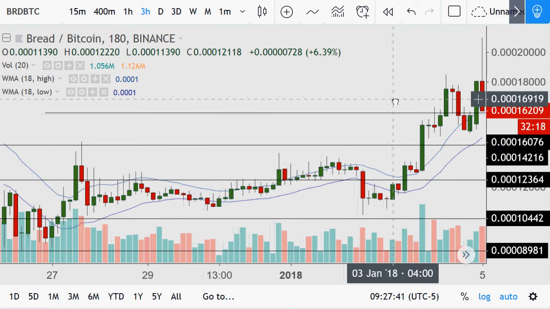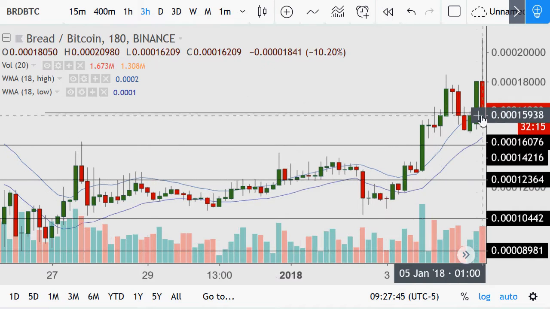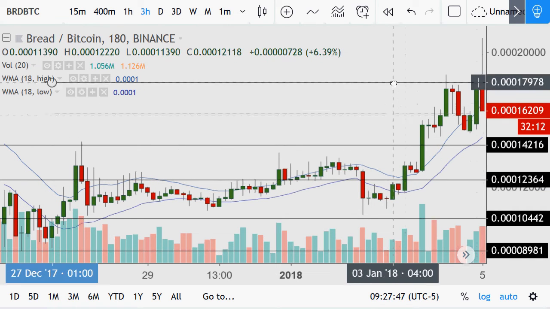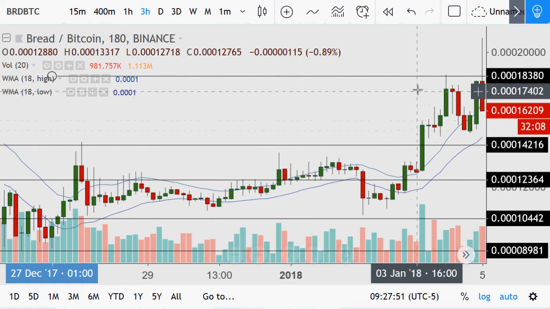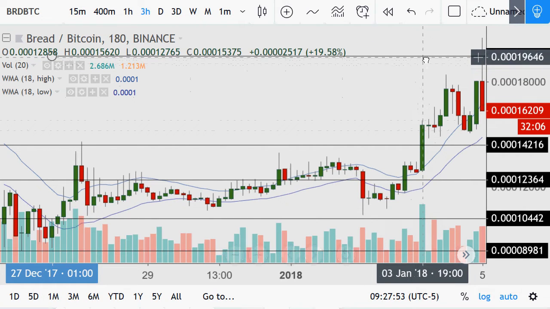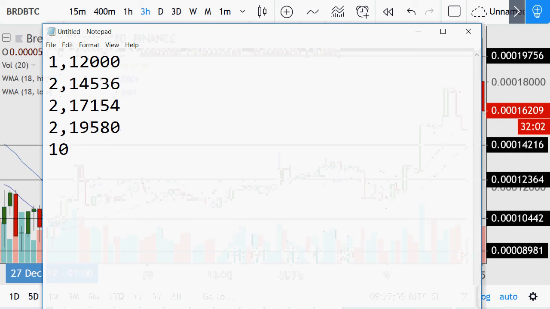And what would happen is, well, if you came into this point, what was the close at this level? 16,209. You'd be like, you know what, I'm just going to buy it at 16,209 and put your sell order back. So we'll just put the buy in at that price.